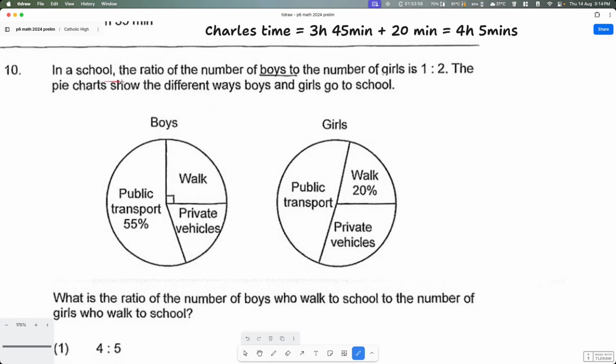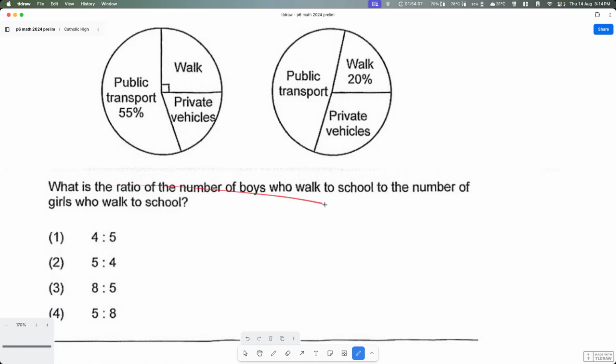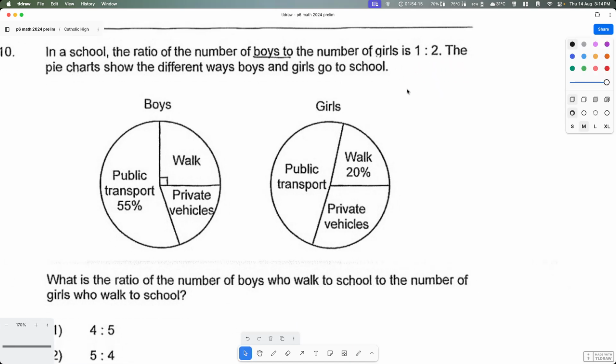In the school, the ratio of the number of boys to the number of girls is 1 to 2. The pie chart shows the different ways boys and girls go to school. What's the ratio of the number of boys who walk to school to the number of girls who walk to school? Boys to girls is basically 1 to 2.